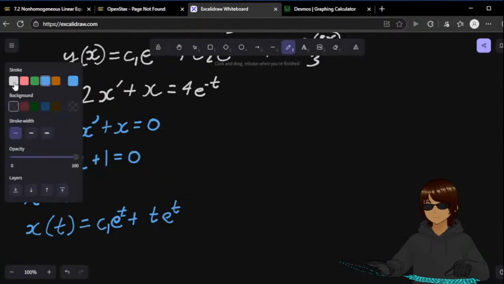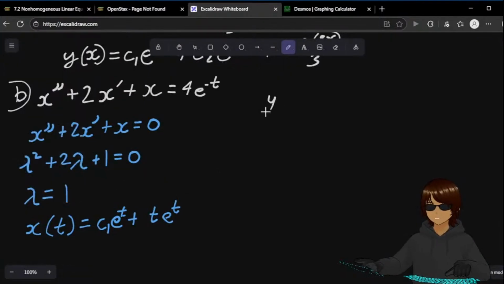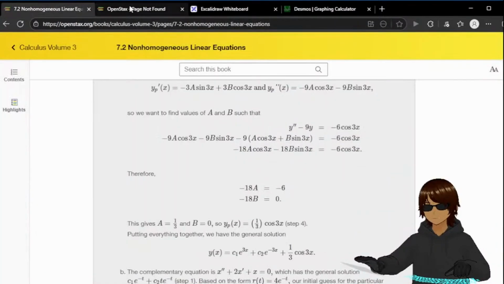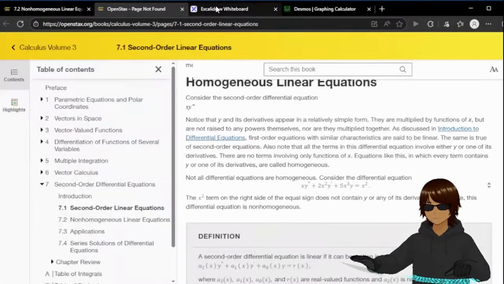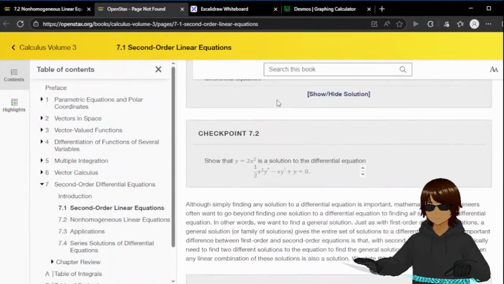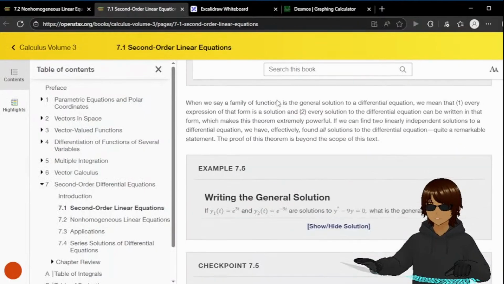So, anyways, before I check that, the particular solution would be of the form a e to the power of minus t, right? Just want to check their summary.